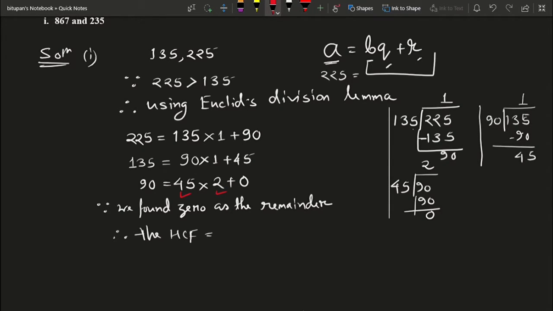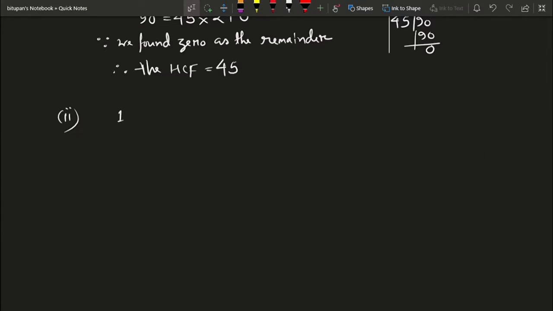The point of concern is, when you get 0, which was the divisor? What was the divisor when you got 0 as the remainder? The divisor is 45, not 2. 2 was the quotient, 45 was the divisor, therefore the divisor will be the HCF. So the divisor is 45 here, and that is your answer: the HCF of 135 and 225 is 45.